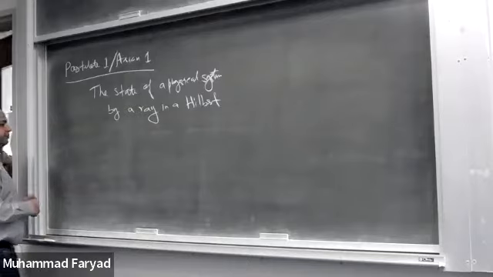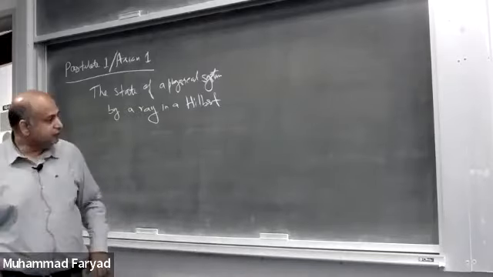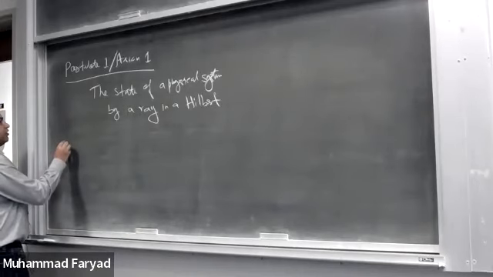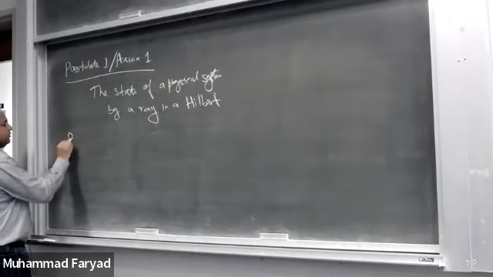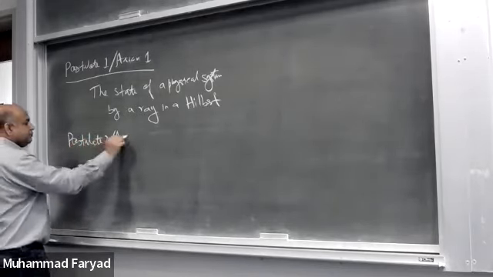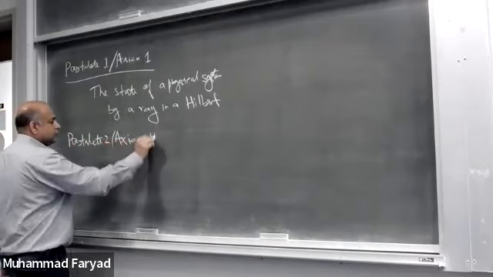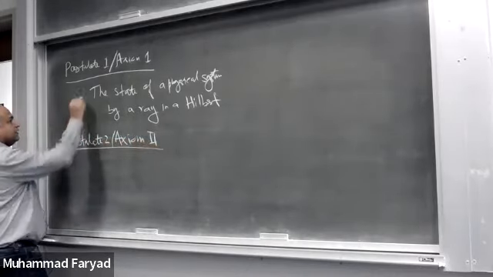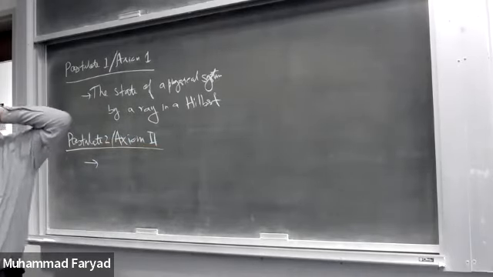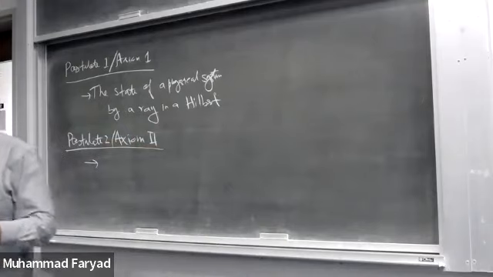Okay, perfect. So today we will keep going and study the second law of quantum physics. Let me give it the name Postulate 2, Axiom 2. This axiom that I'm going to state is sometimes not written separately as an axiom.